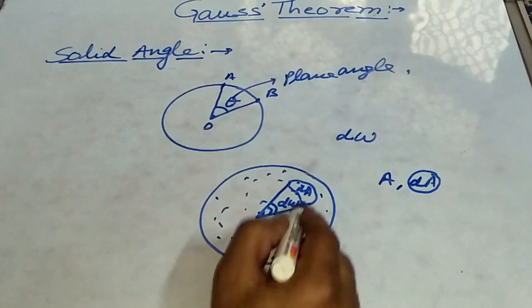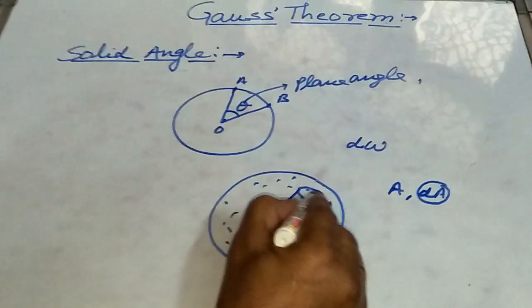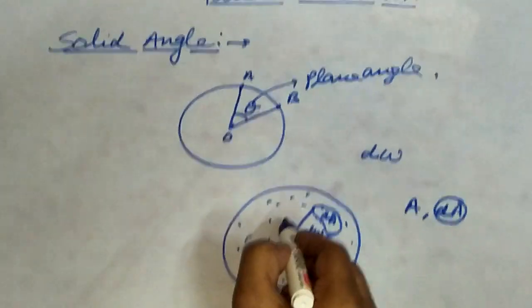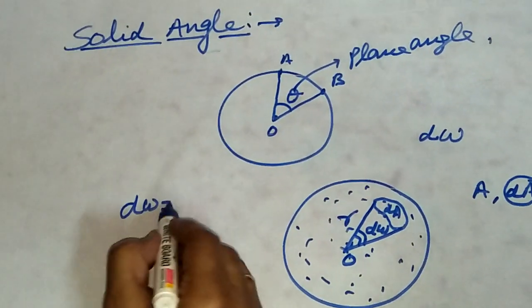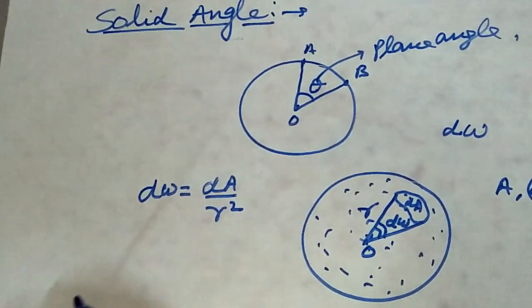So simply, the angle subtended by the small area of this sphere at its center is called solid angle, and this solid angle d omega is equal to dA upon r square.